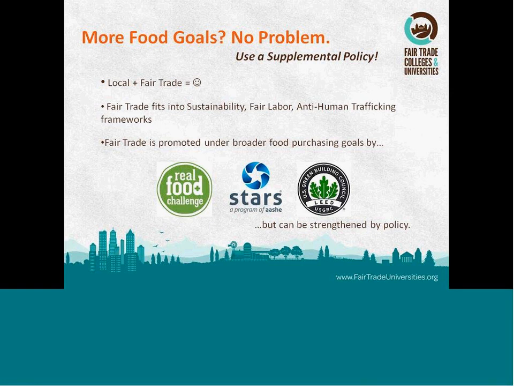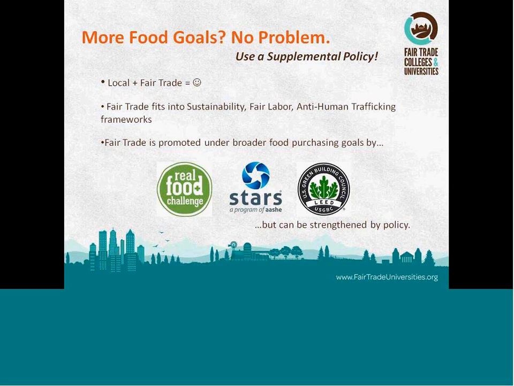There are a lot of different efforts on campuses, and we certainly don't want to collide with those efforts. In fact, fair trade works very well alongside many of those efforts. So if you, for example, have local food purchasing goals on your campus, local and fair trade go very well together, because local purchasing usually doesn't capture imported goods like coffee and cocoa.